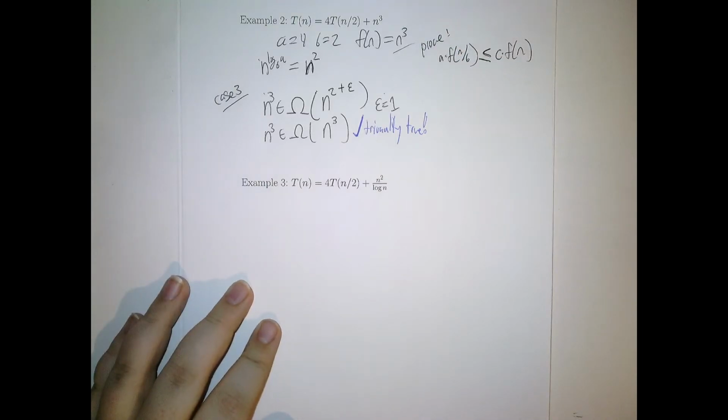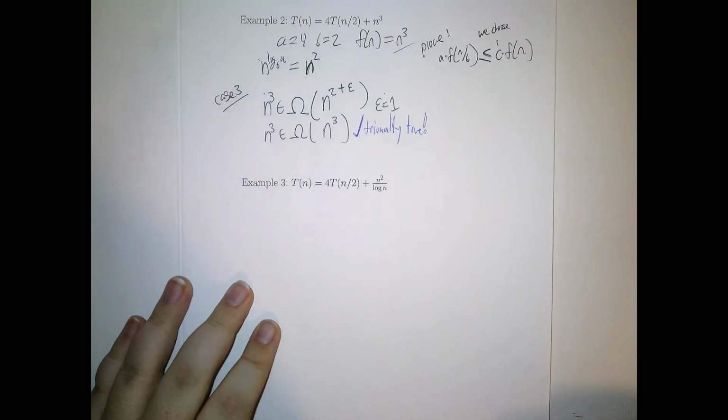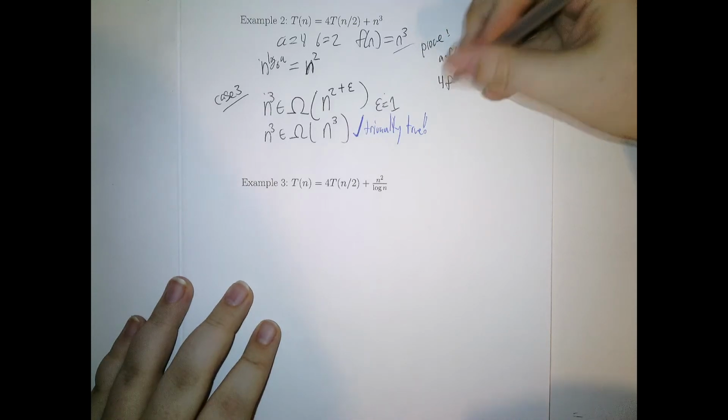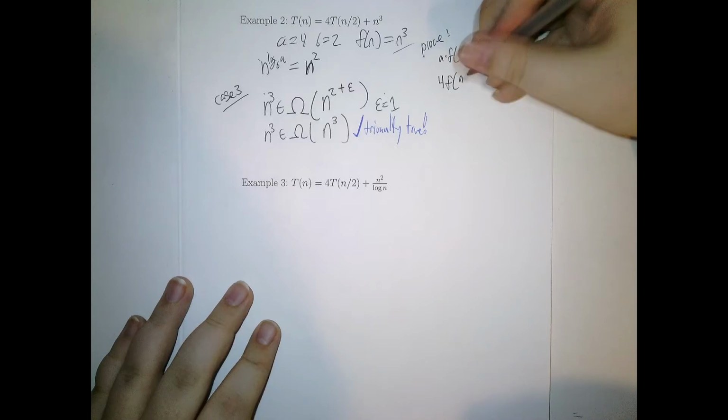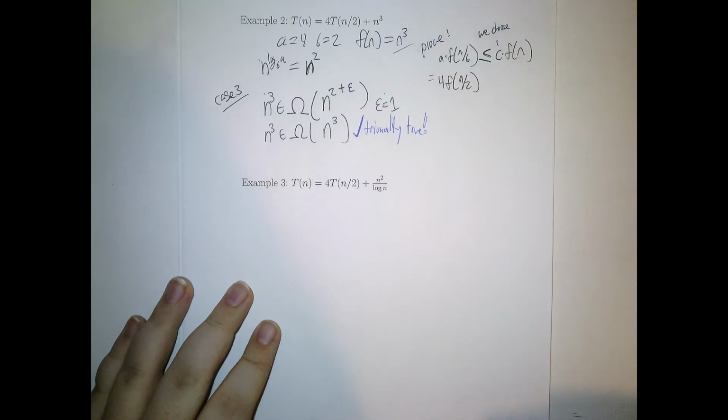Well, c is a constant we choose, so we're really trying to find a c that makes this true. Let me plug in the stuff we know. We know that a is 4, for example, and we know b is 2, right?